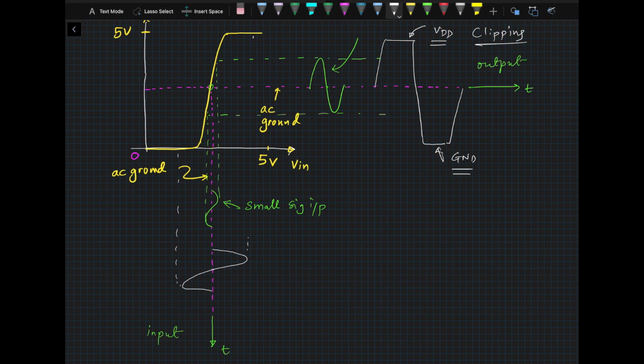When that happens, the internal voltages would clip to VDD or ground, and you will hear a lot of distortion, and it sounds like the tearing up of a sound. Okay, and that's your distortion. You really don't want that to happen. So you want to stay in the linear region of the amplifier, so that the fidelity of the sound is maintained. So when we are analyzing circuits, we are generally in this region.